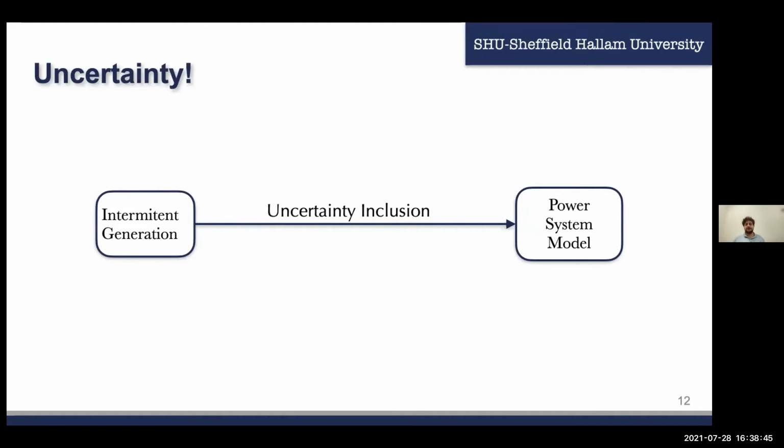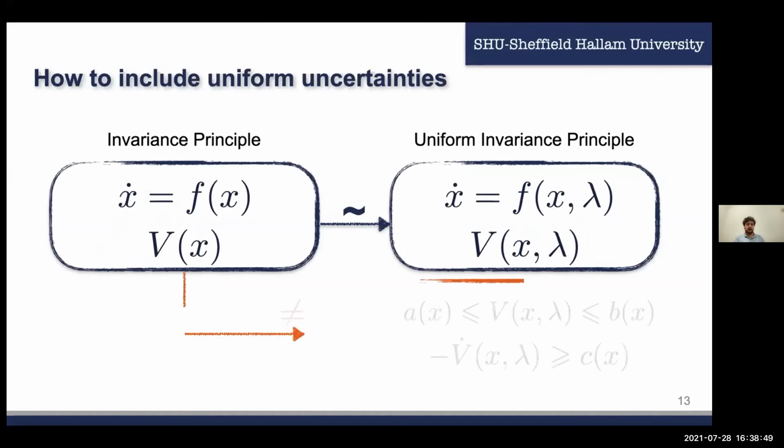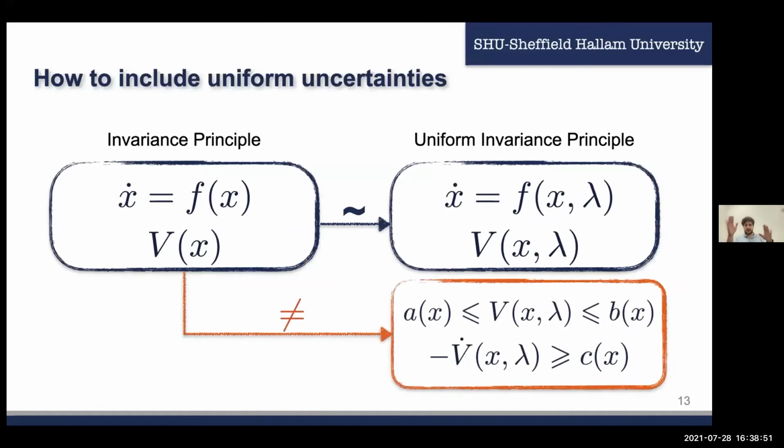In this research, we used something called the uniform invariance principle. The invariance principle uses a function x dot equals f of x, and V of x. In the uniform invariance principle, there's a second argument for the function f, which is lambda, and lambda is going to be the parameters of our system.